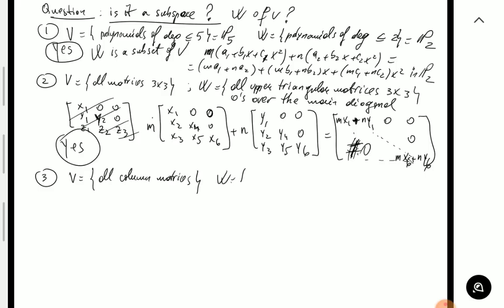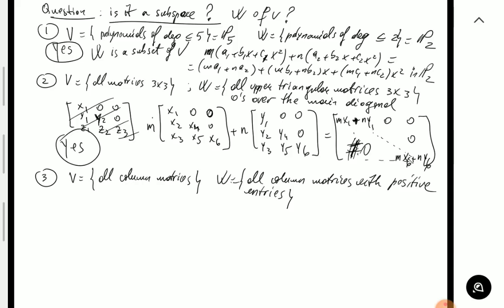And W, let's say, is all column matrices with positive entries. That's an example in which it's not going to be a vector space.